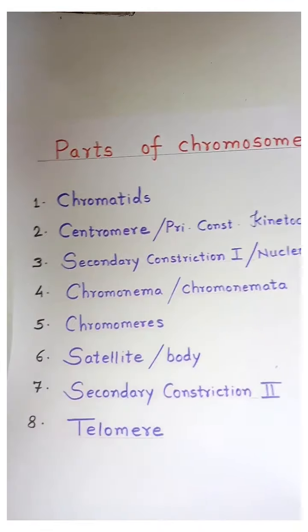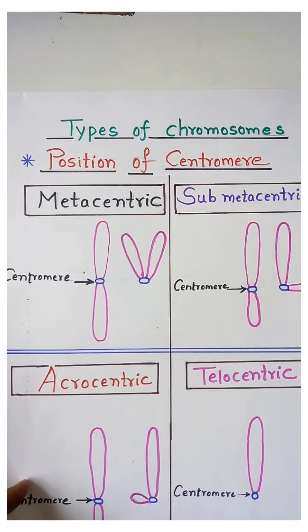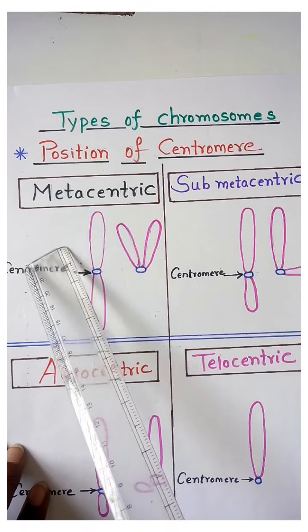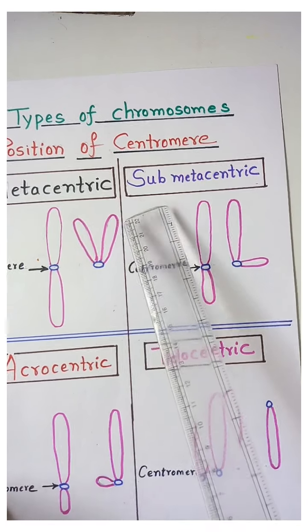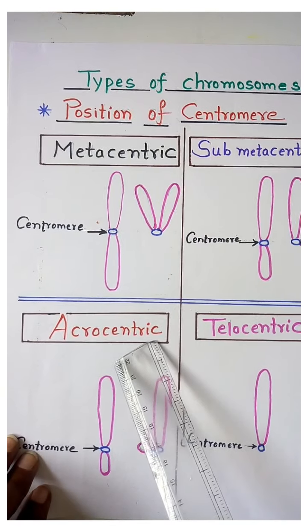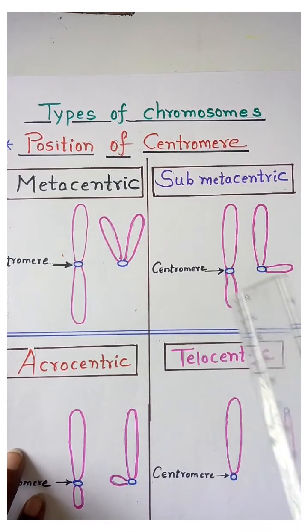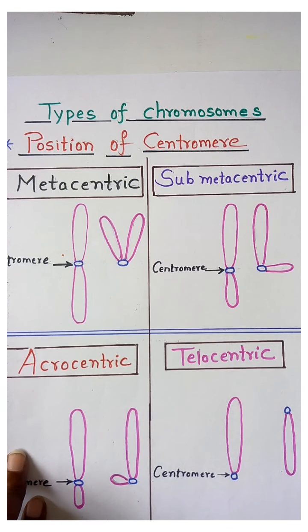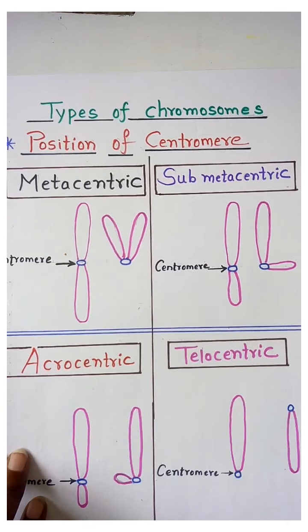Now, depending on the position of centromere, there are 4 different types of chromosomes called metacentric, submetacentric, acrocentric, and telocentric. Now, in all these chromosomes, we just have to remember the position of centromere where it is located.